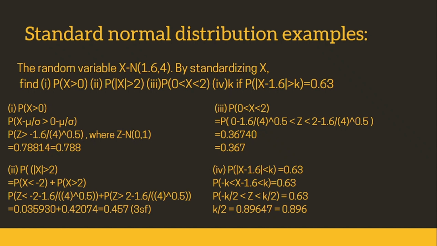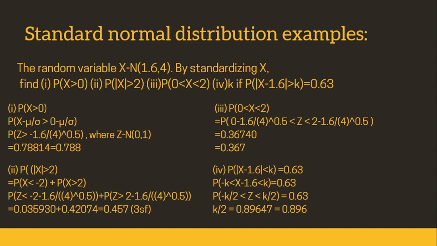Then for part 3, the probability that 0 is less than X less than 2, if we standardize everything, we have (0 minus 1.6) over the square root of 4 and (2 minus 1.6) over the square root of 4. If we simplify and put the actual numbers inside, you will get 0.367. Then for part 4, we standardize this also.